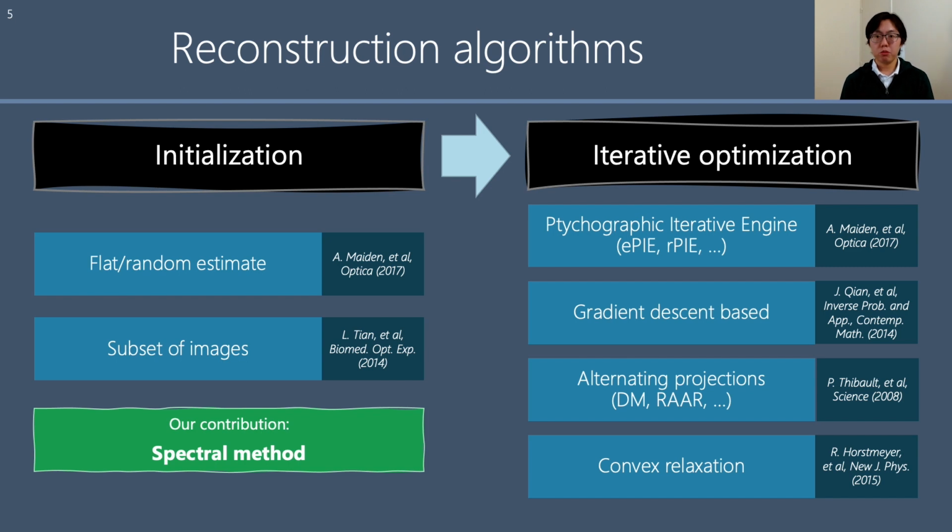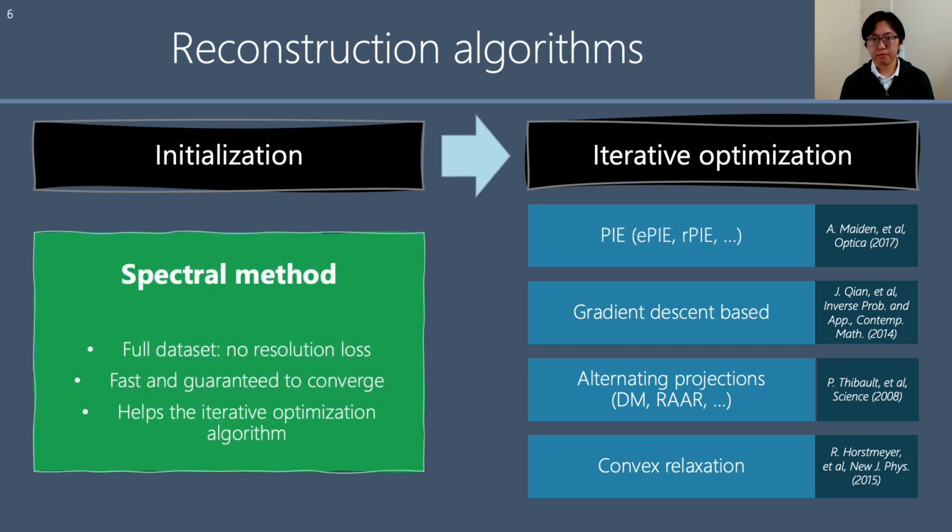The spectral method we will introduce can be regarded as a new initialization strategy. As such, it replaces the previous heuristics and can be followed by any iterative algorithm. Compared to the previous initialization strategies, we use the full dataset and do not suffer from resolution loss due to the use of a subset of the collected data.